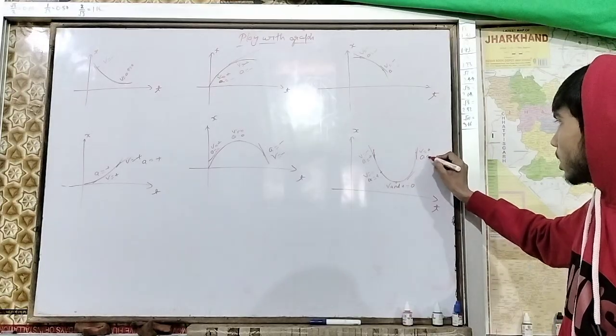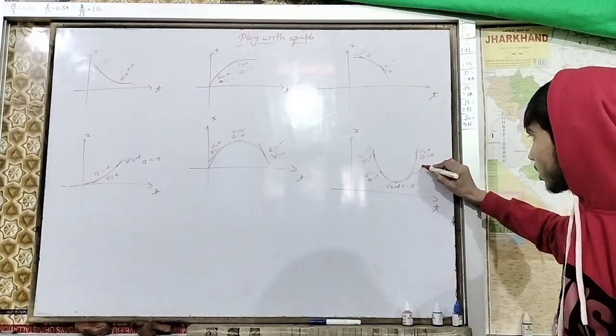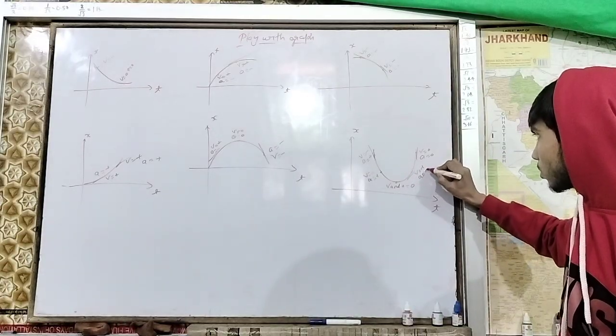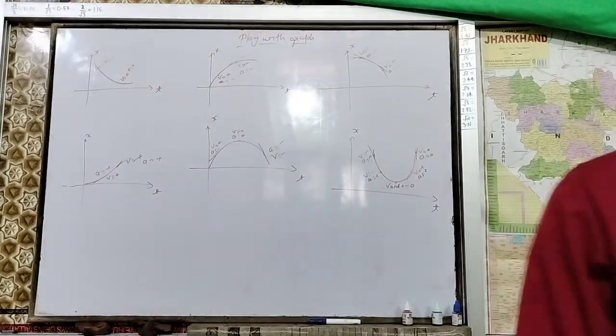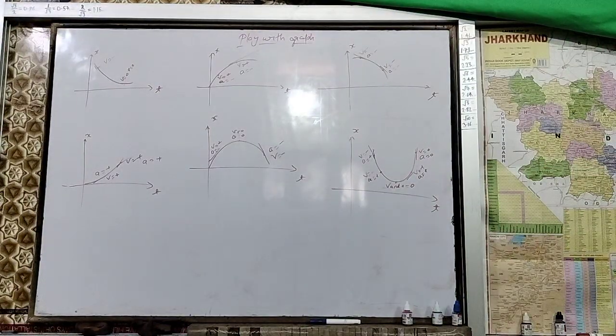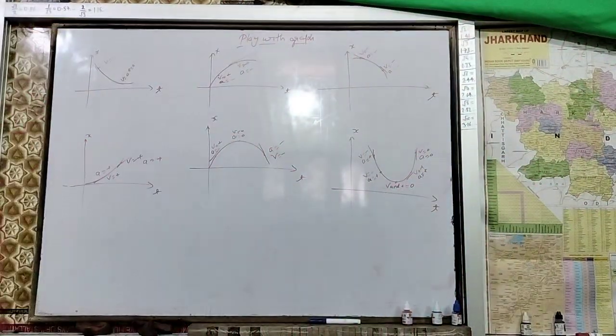So v is 0, a is also 0. Over here, v is positive, a is also positive because this is a U. That's all.